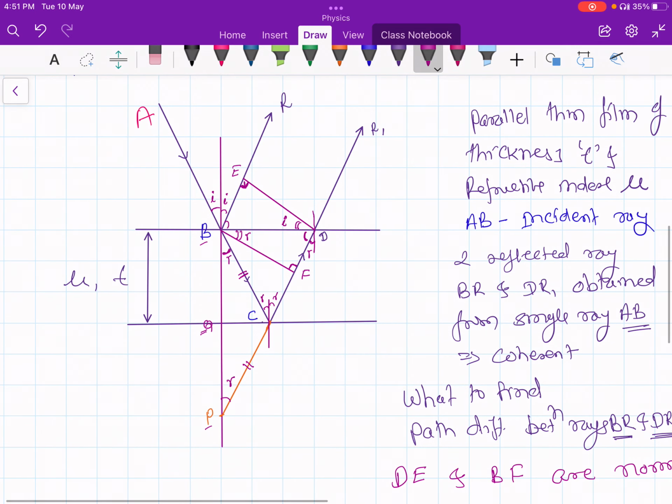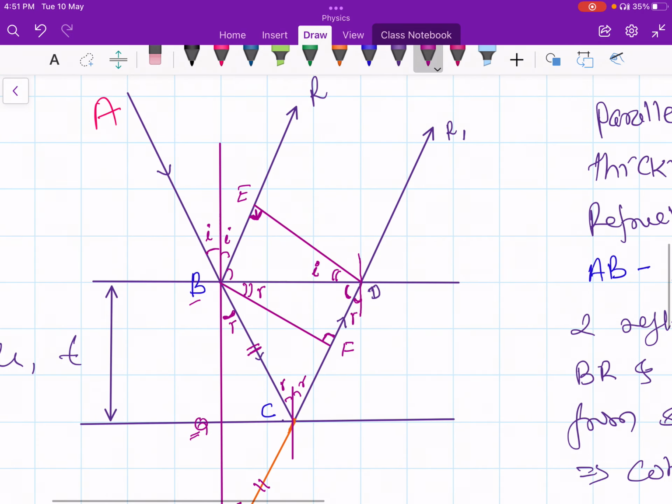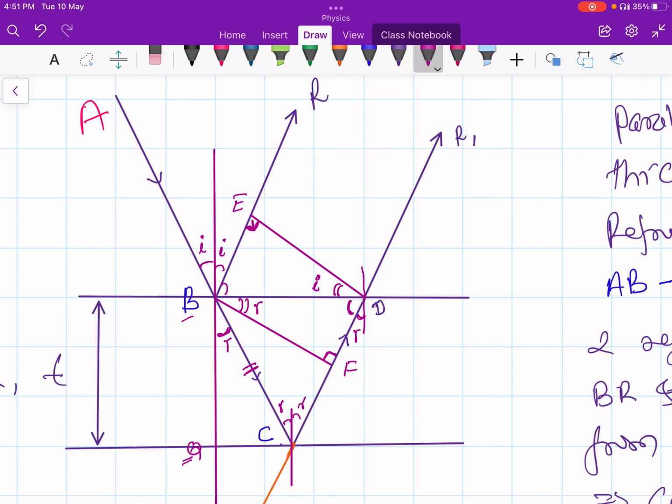So first let's find the geometrical path difference. It all starts at point B. At point B, the ray is partially reflected along BR, and partially refracted along BC and then CD. So by the time this refracted, or transmitted, ray travels a distance BC plus CD, the reflected ray BR travels a distance BE as per the geometry.